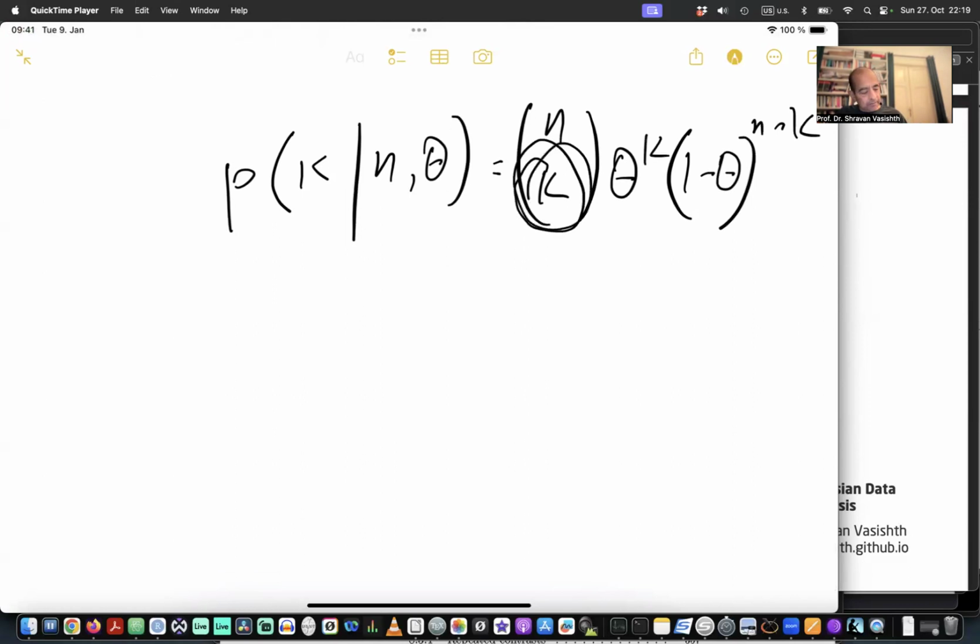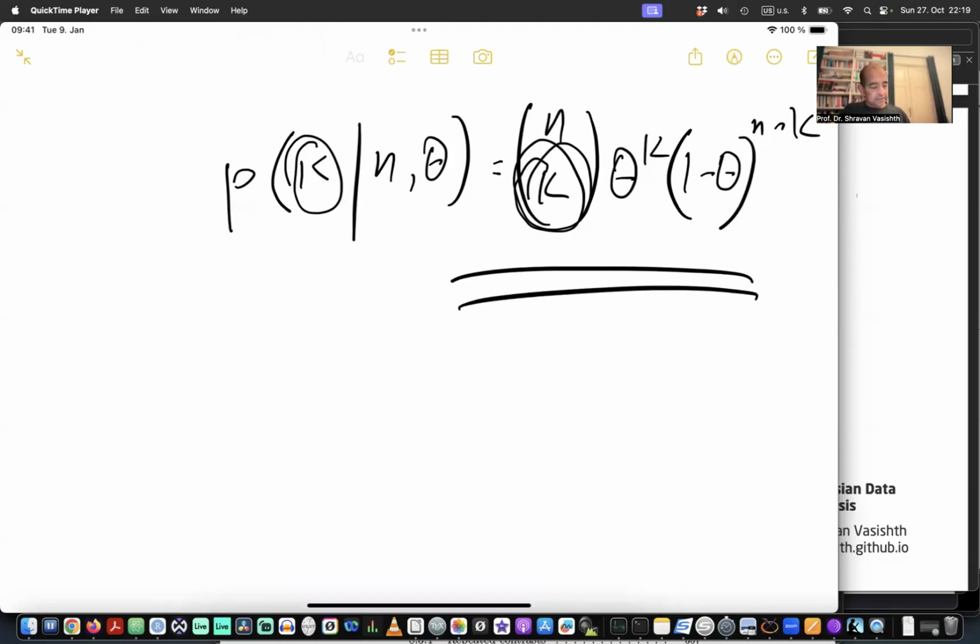I would plug in a number ranging from, let's say, 0 to 10 if I have 10 trials into that k variable, and because all the other numbers are known, I will get a probability for that kth possible event. So this probability mass function is a function of k, the number of successes.